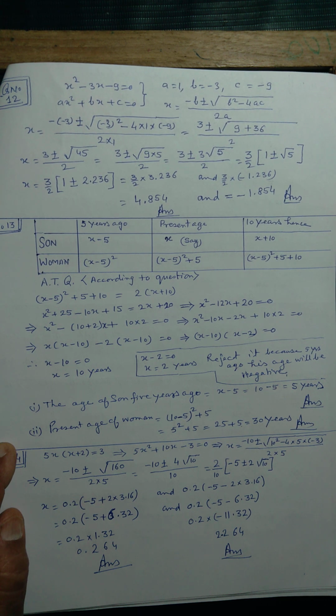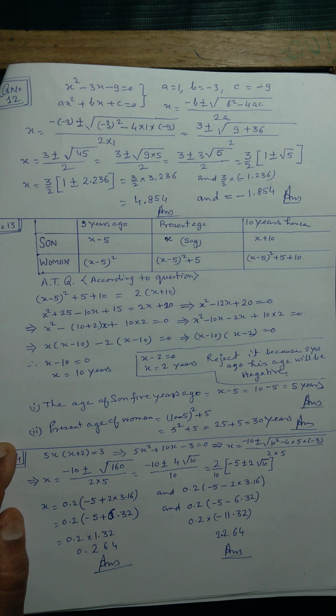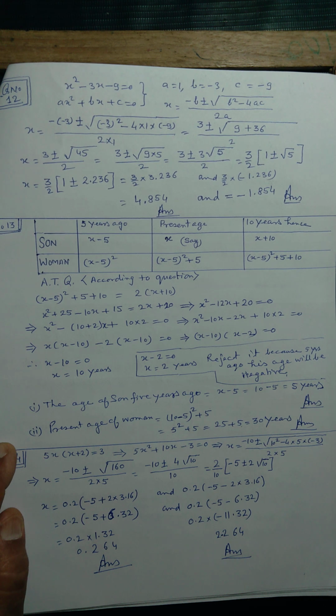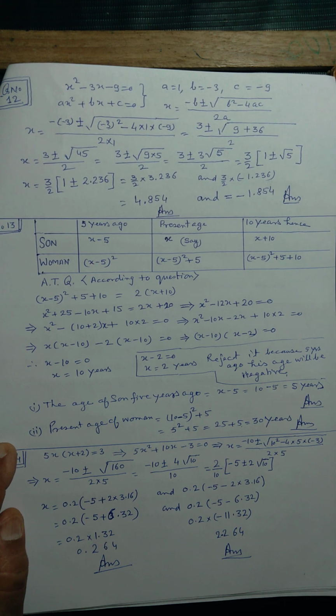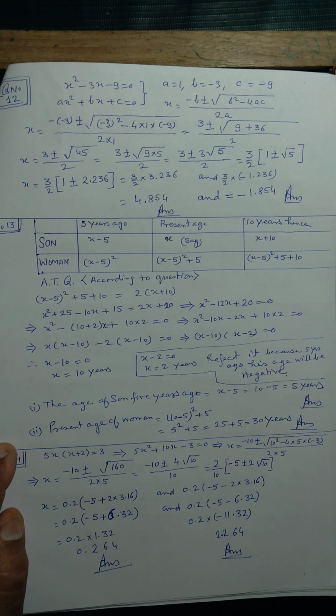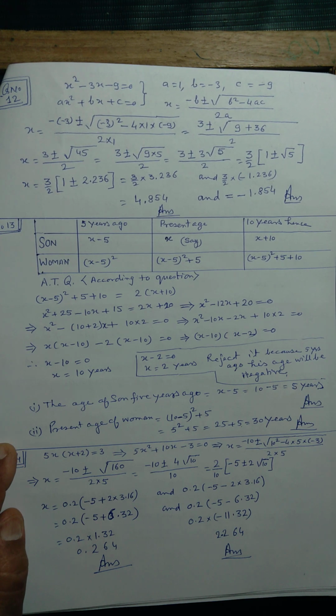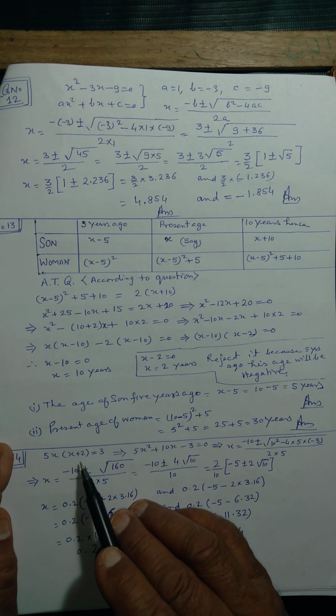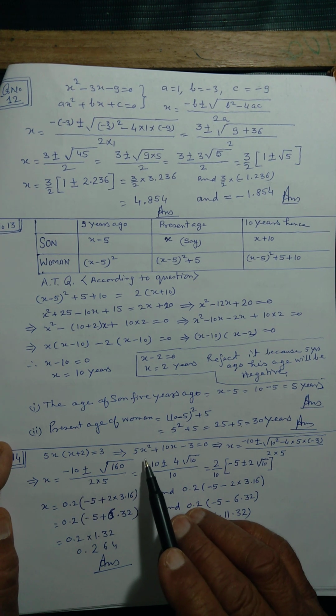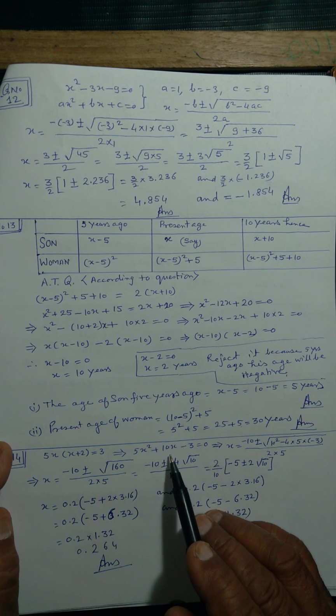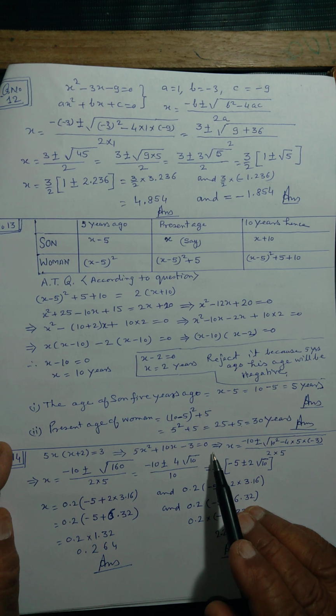Now proceed to question number 14. Solve the following quadratic equation for x and give your answer correct to 2 decimal places. The question is 5x inside the bracket x plus 2 equal to 3. You see here I have written 5x square plus 10x minus 3 equal to 0.